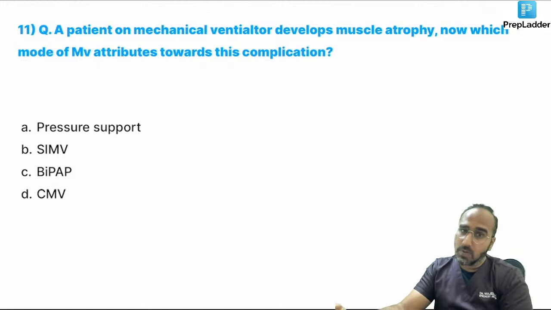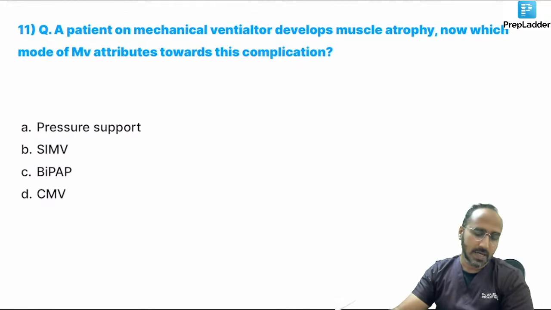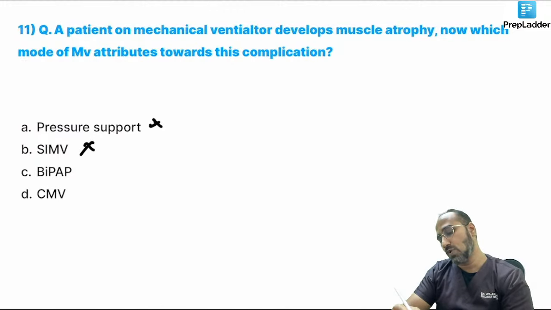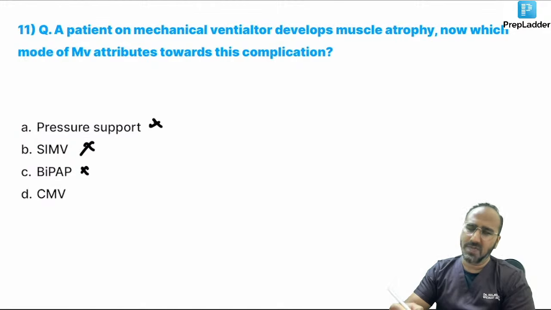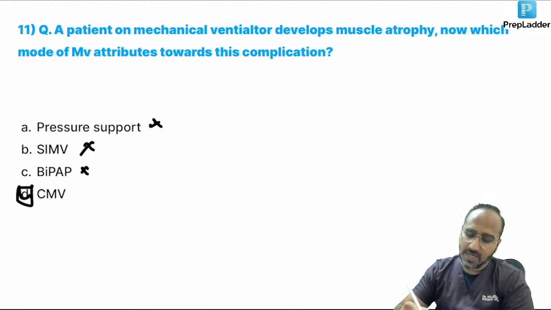Obviously on the mode that is taking control of the patient's volume as well as the pressure. Come on guys, which is that mode? Pressure support is a weaning mode, not there. SIMV is a weaning mode. BiPAP is basically a non-invasive mode. Again, it cannot be there. BiPAP can also be used for weaning. What is the mode that takes control of the patient's total breathing? It is the CMV mode.